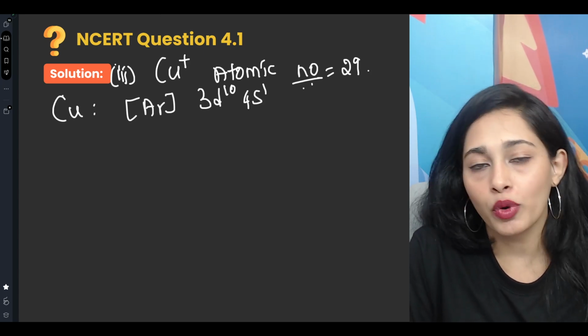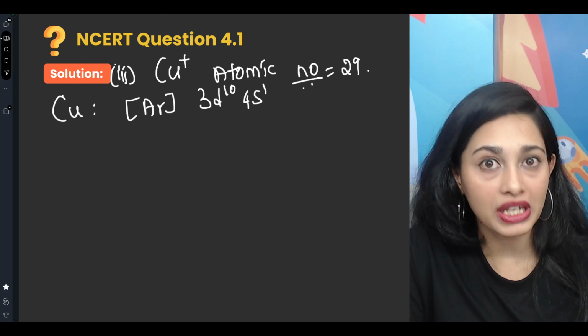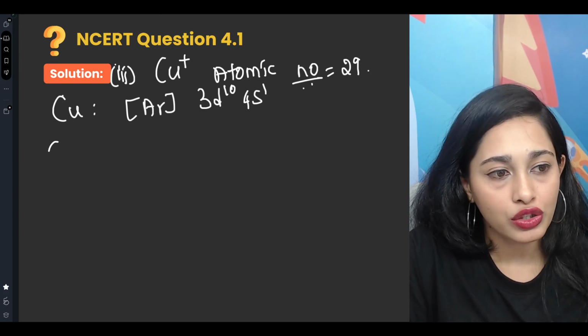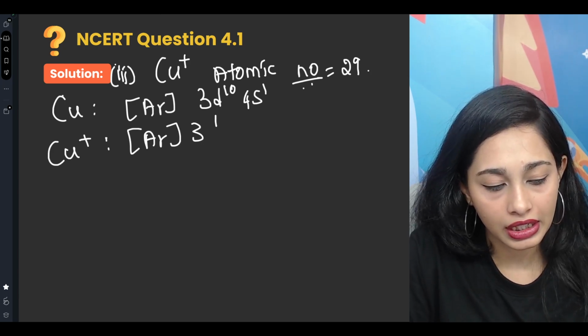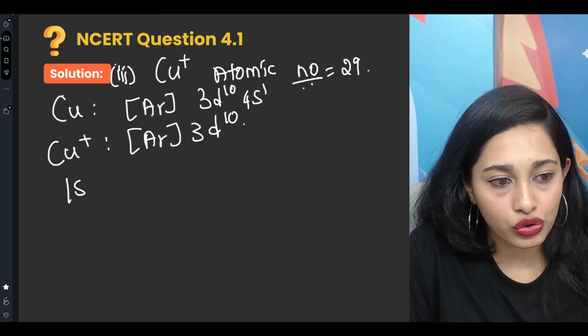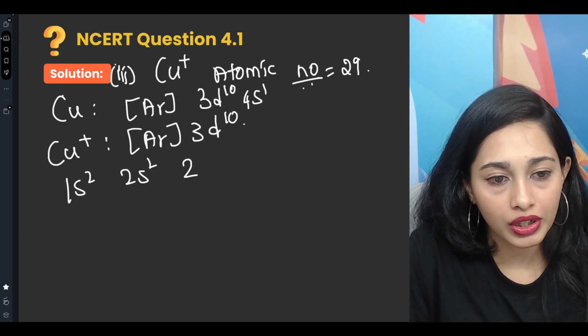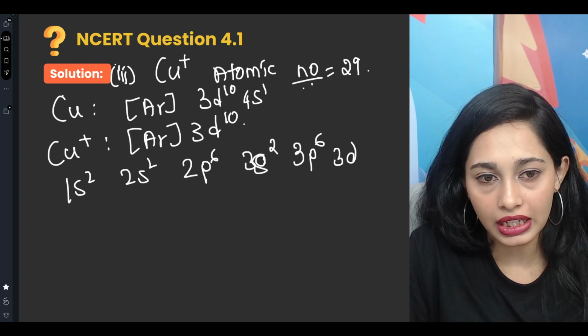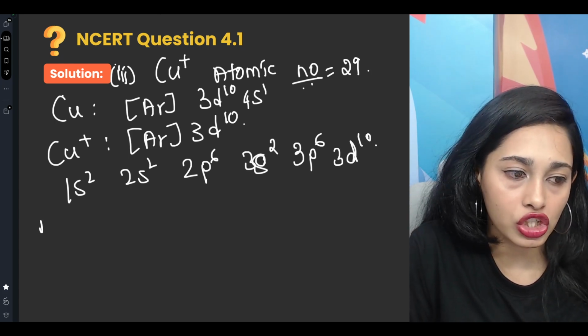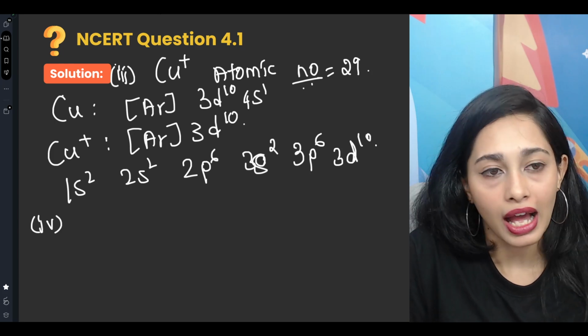As we are going to remove one electron for the Cu plus ion, it is going to be argon 3d10. So 1s2 2s2 2p6 3s2 3p6 and 3d10. This is the configuration of the Cu plus ion.